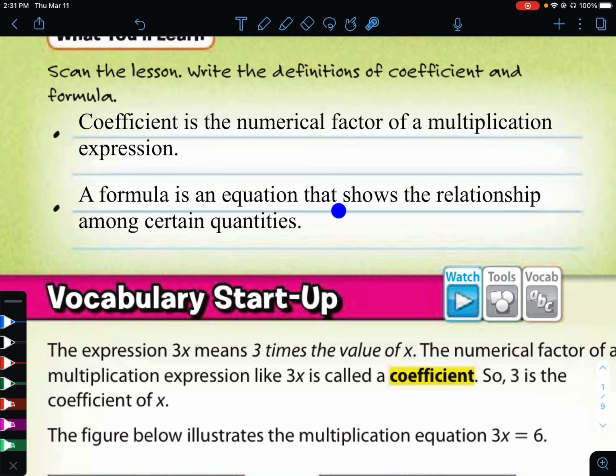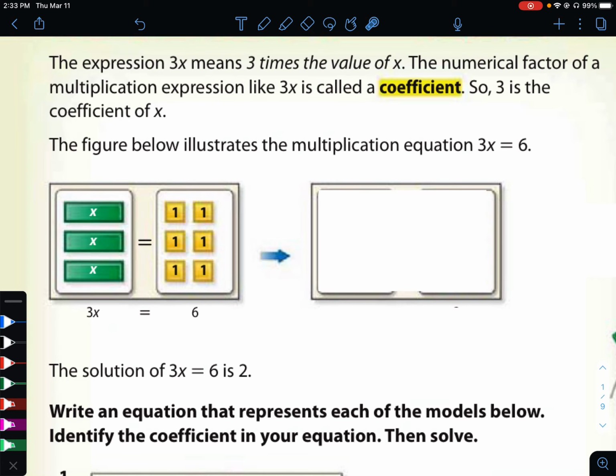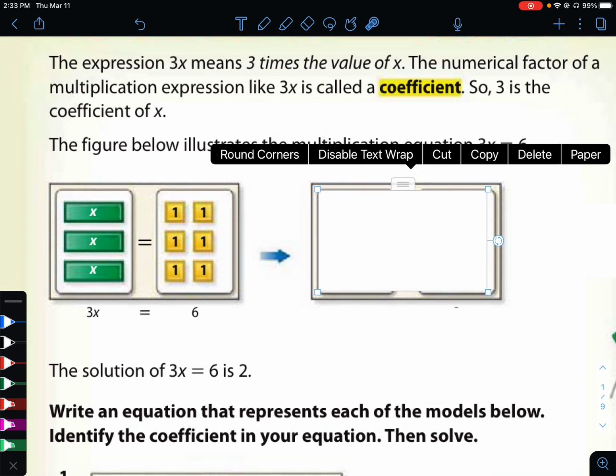So if we are going to solve or find the value of x in this equation, we want to find the value of 1x.